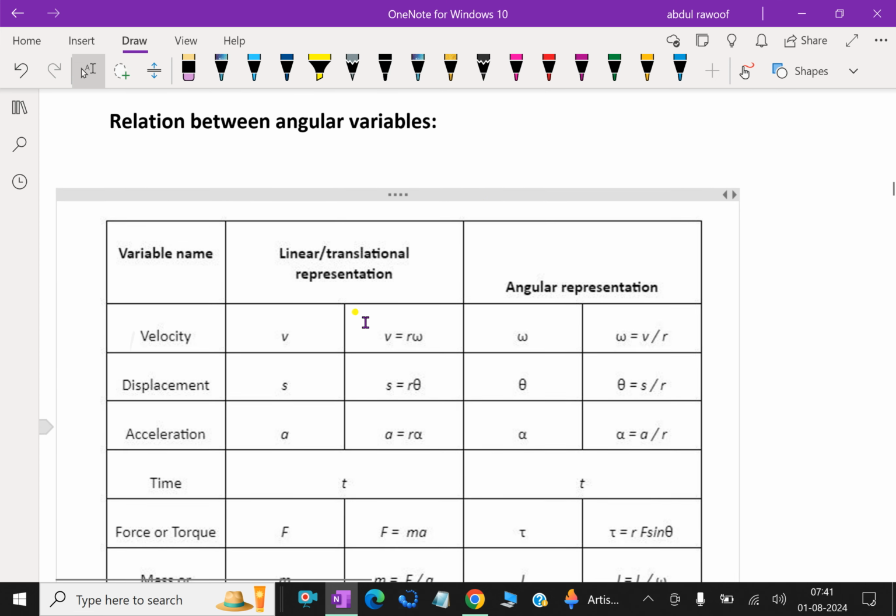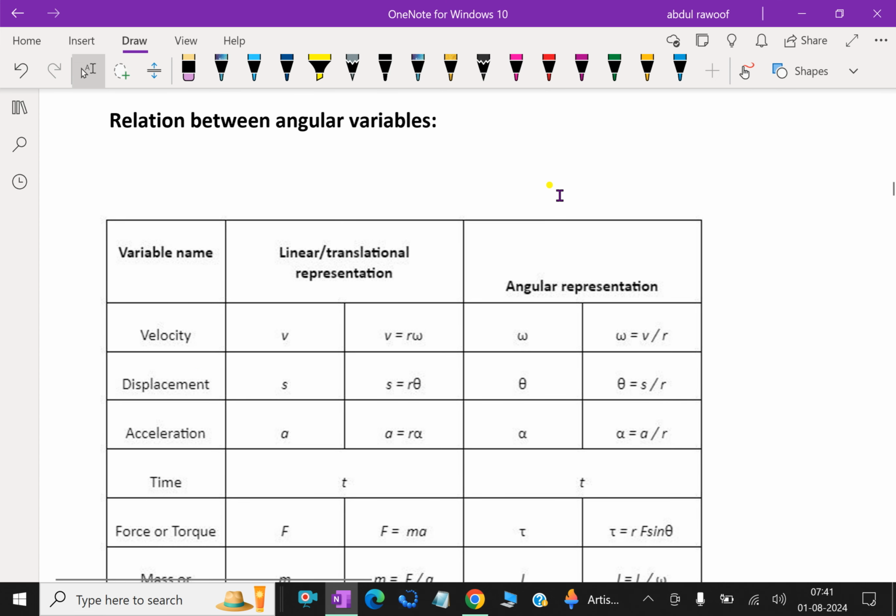Relation between angular variables. So far we discussed angular velocity and angular acceleration, but look at the table here. Linear velocity is v, so v equals r omega, where omega is angular velocity, and omega equals v over r.